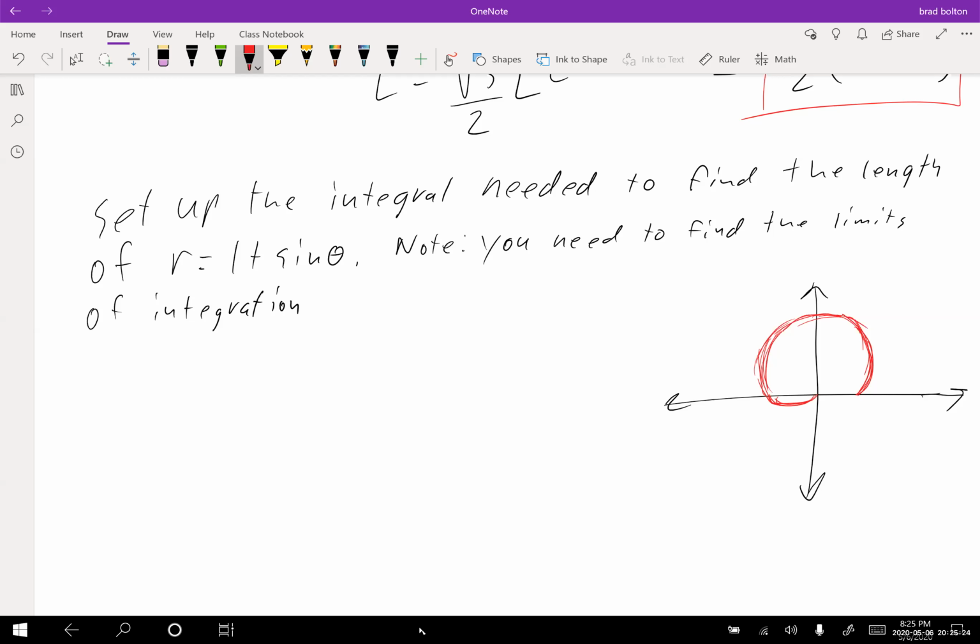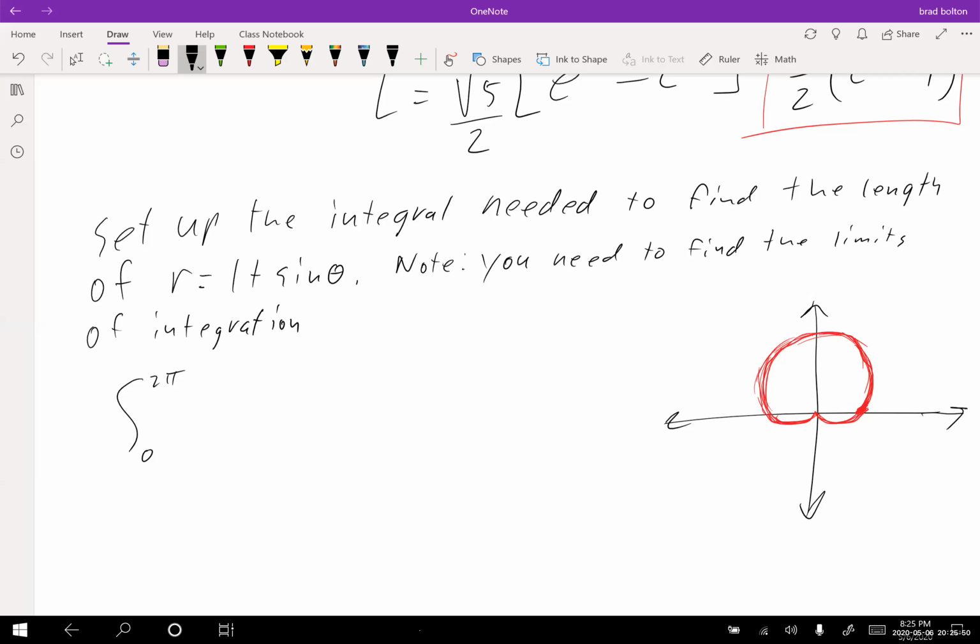Then if I go to 2 pi and graph it, it gives me the last piece right here. So we're going to start here, walk counterclockwise and end up back at 2 pi. So we're going to integrate from 0 to 2 pi, okay?